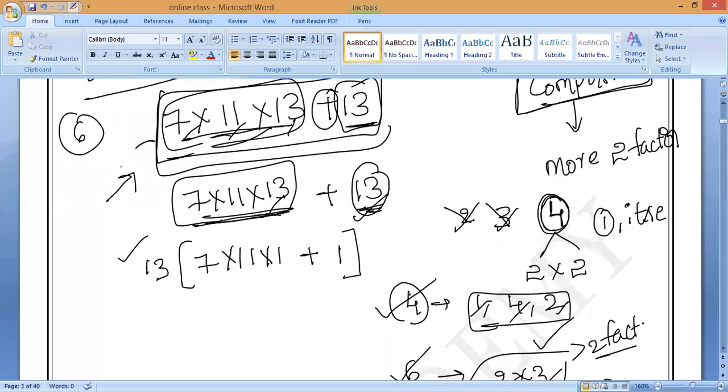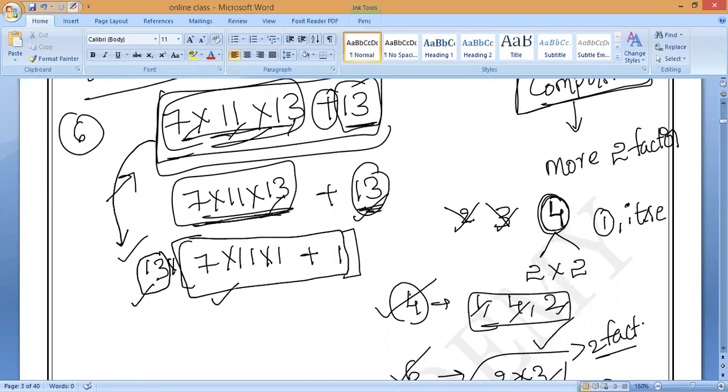See, this entire number has factors 13 and some other number, correct? So how many factors here? 2 factors. One is 13, another one is 13 into 11 into 1 plus 1.